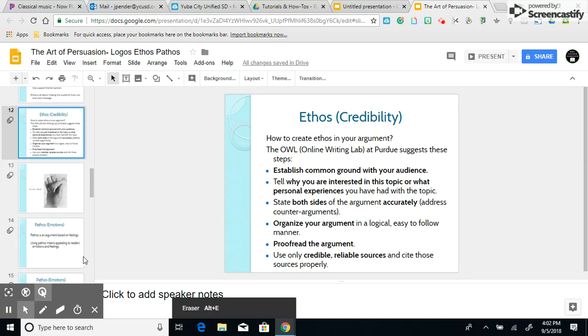So, for example, if I was writing a news article about brain science, neurobiology, and I am not a neurobiologist, I would want to include some evidence from a particular source, probably a neurosurgeon, in order to make my writing seem credible.